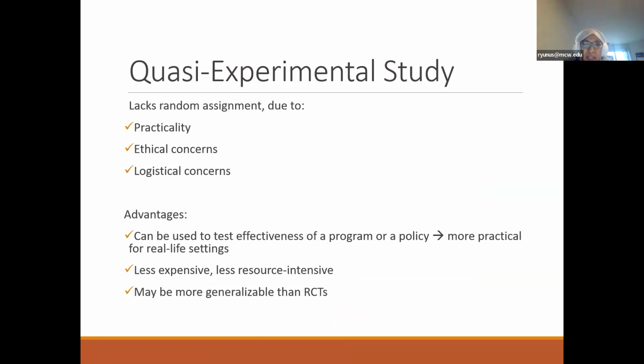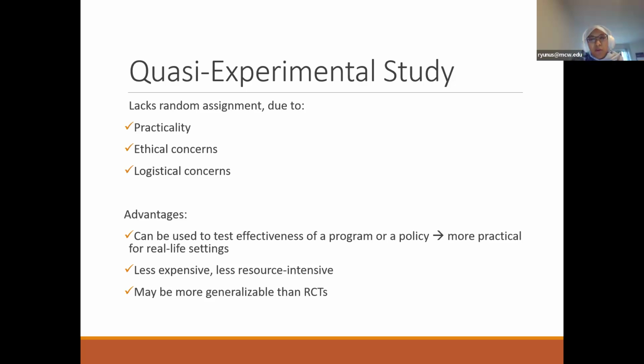Okay. The main difference, the main gap, or what makes a study be called quasi-experimental instead of an RCT, is that a quasi-experimental design lacks random assignment. What does that mean?